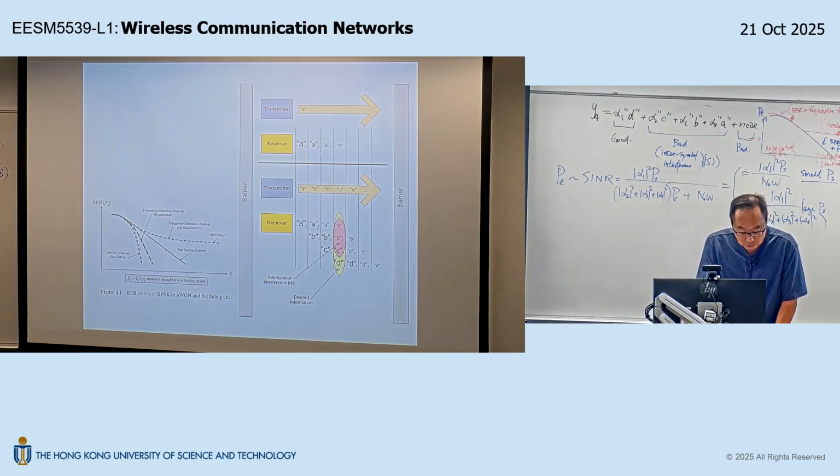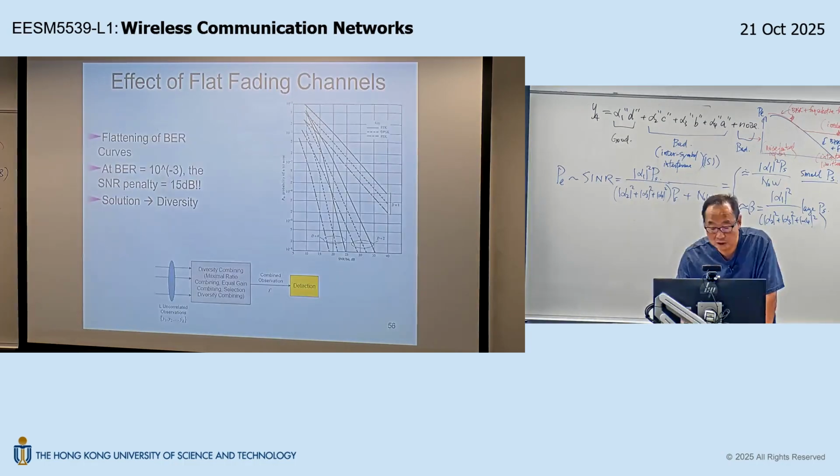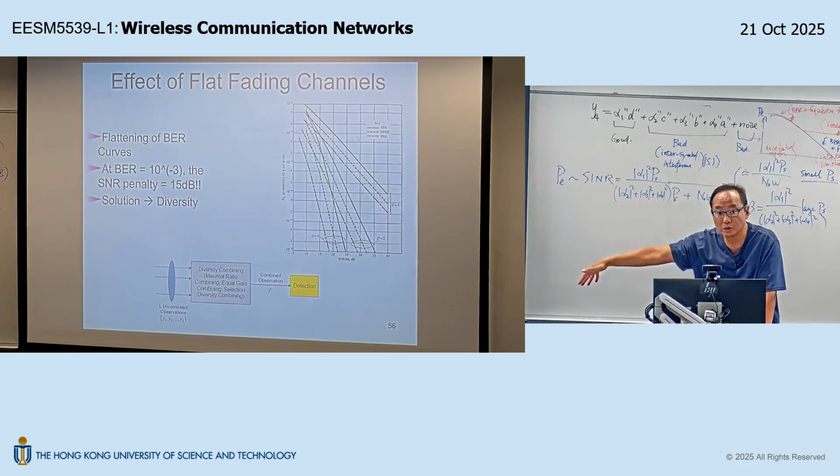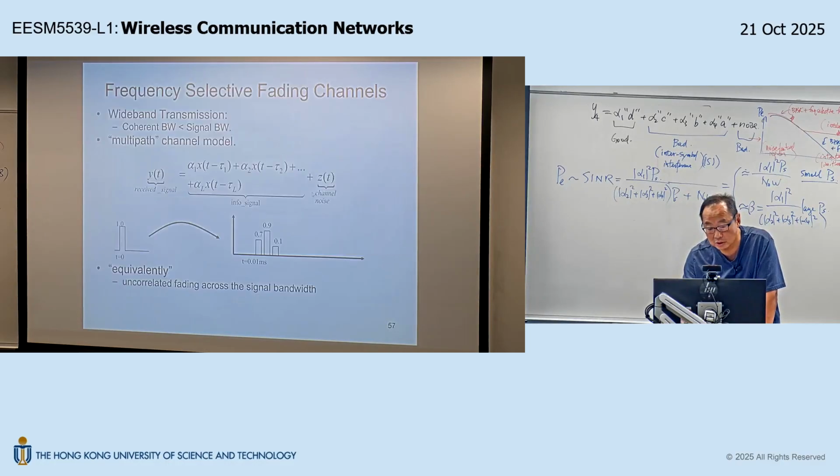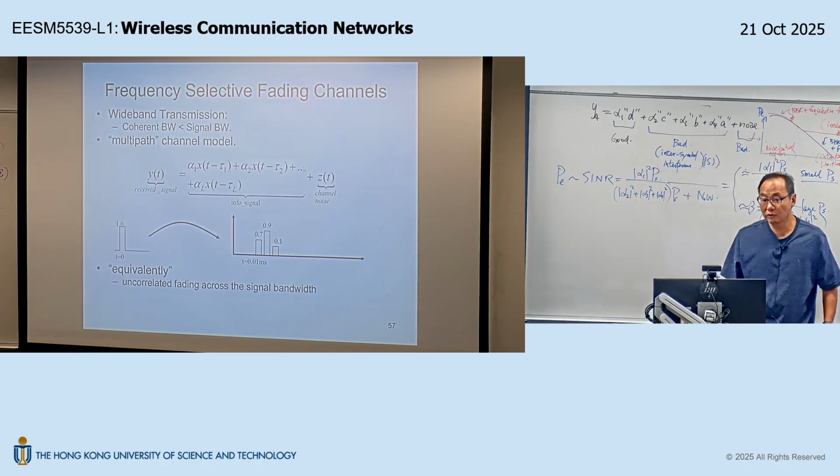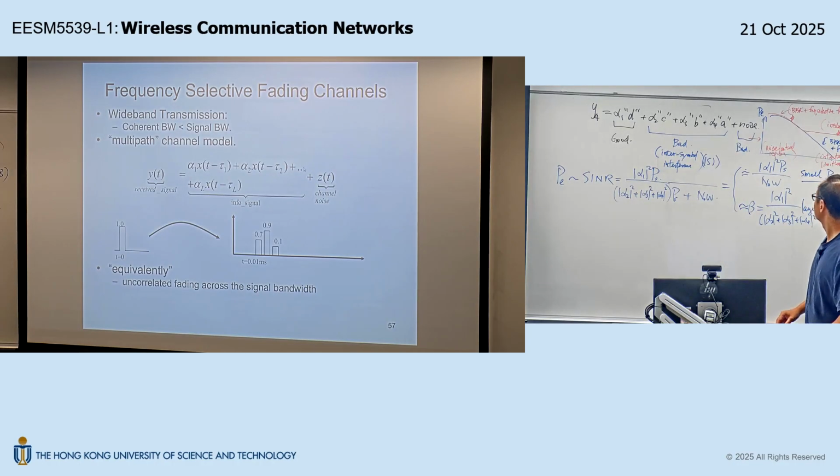All right? Now, when you have flat fading case, like this, we say that this is the 1-star trouble, the error probability falling off slowly as you increase the signal-to-noise ratio. And the solution roadmap is diversity, right? With diversity, you increase the slope of the error probability curve. So now in the second case, can diversity help? If you apply diversity, let's see, the error probability curve will be like this.